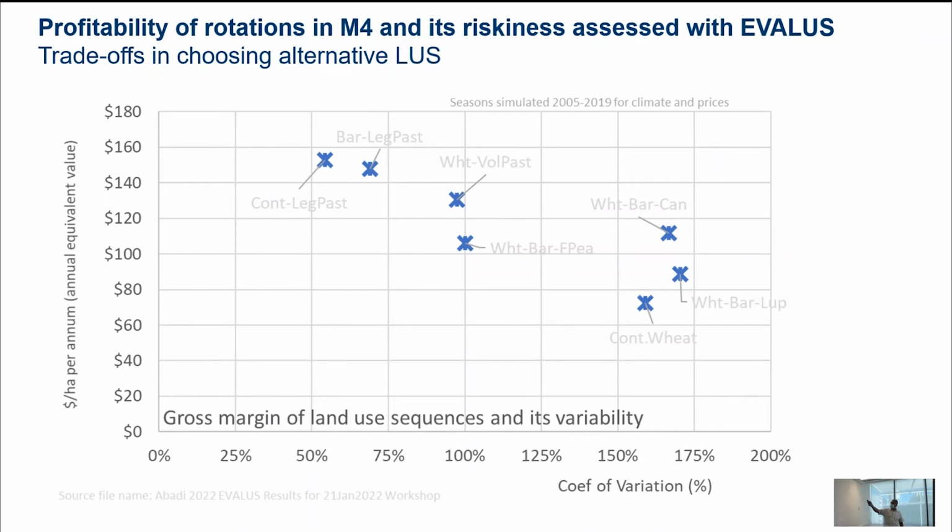You could get a barley legume pasture rotation, making you about $150, which is the second one on the left. And it would have had far less variability in profit than if you grew continuous wheat, which is the bottom right-hand side, making you only about $75, $100 difference. But this is for this one particular case study farm that we looked at.